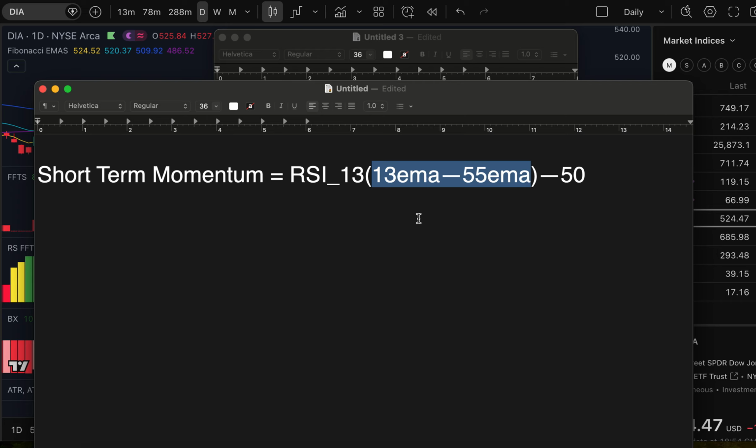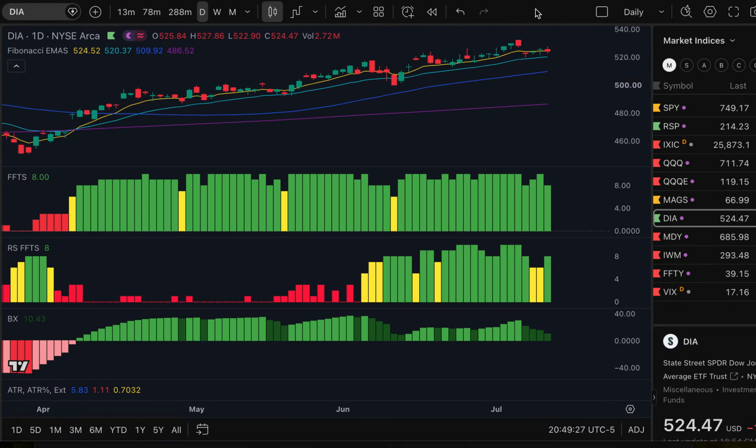What that does is it measures up and down movements over the last 13 days of this quantity, and it outputs a number between 0 and 100, and then at the end I subtract 50 so that it goes between negative 50 and 50.